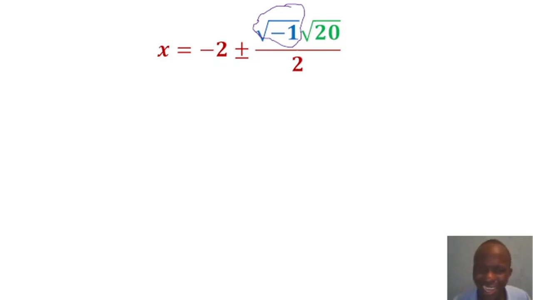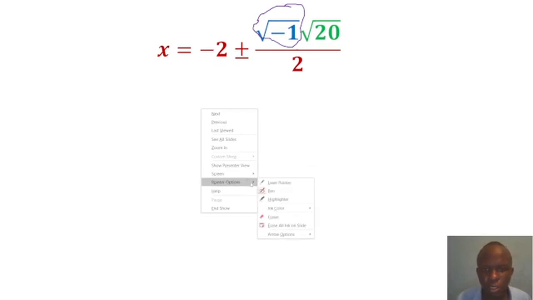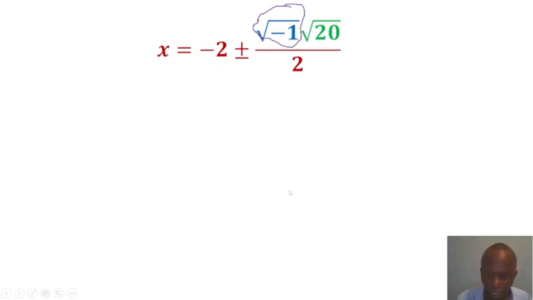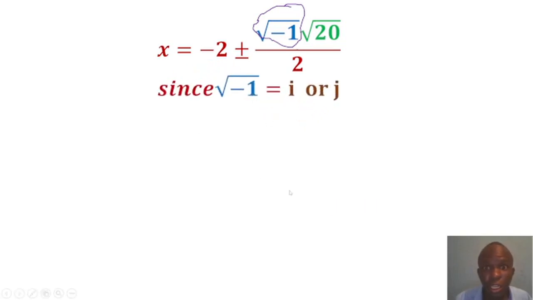But what is the square root of -1? The square root of -1 is equal to I or J. Now, what is I? I represents an imaginary number.